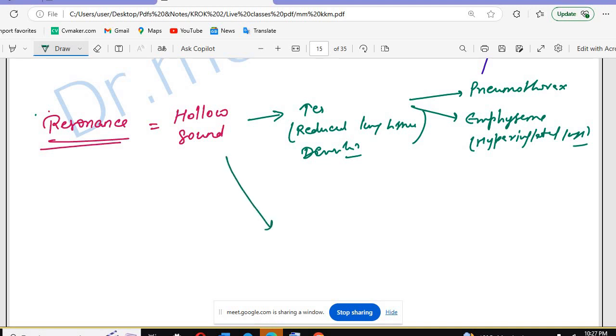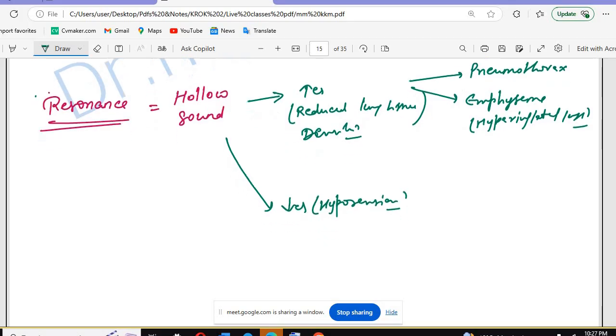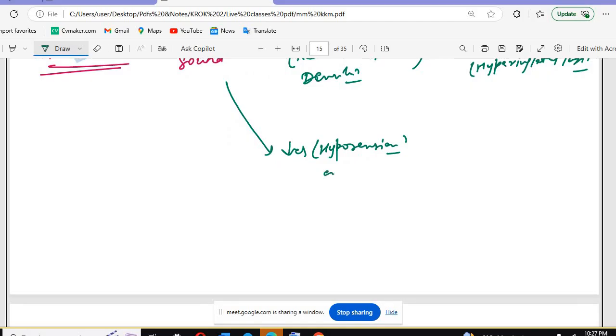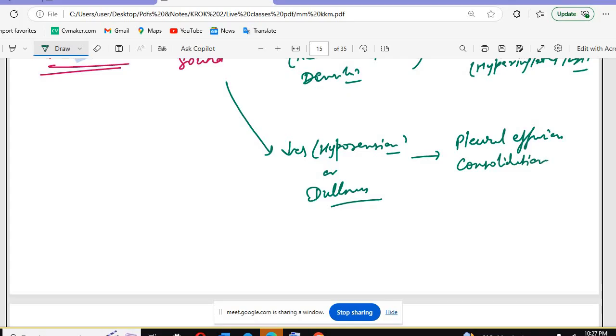And when the hollow sound decreases, we call this dullness, or hyporesonance. Dullness is seen in pleural effusion, consolidation, hydrothorax and hemothorax.